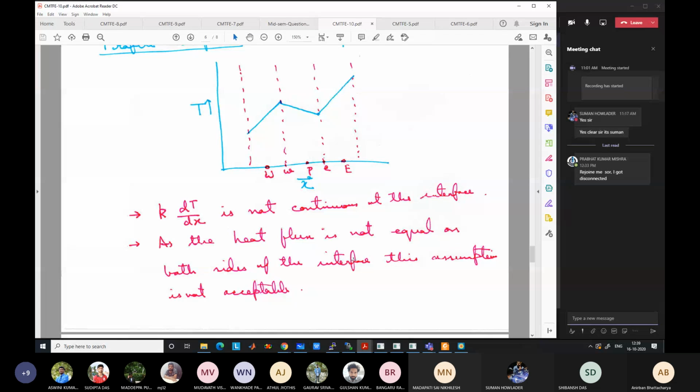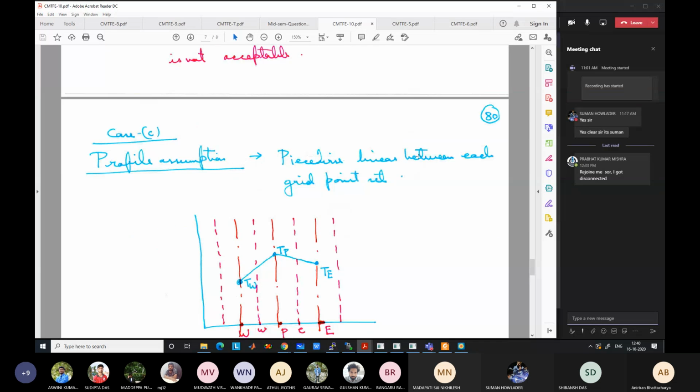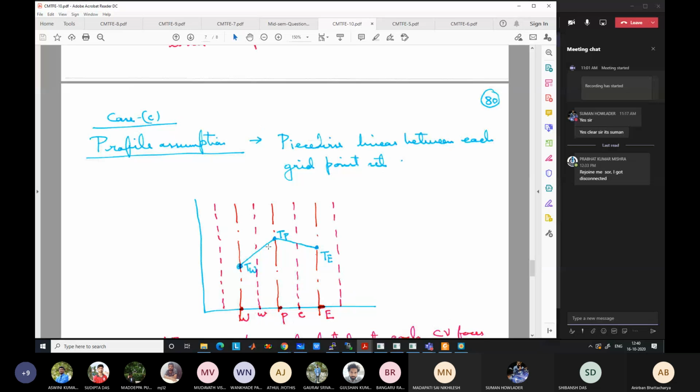Next, we will assume another type of profile, piecewise linear between each grid point. The temperature can change slope, but it is continuous from one control volume to another, like a line. Between Tp and Te, it is a linear variation. Between Tw and Tp, it is a linear variation.